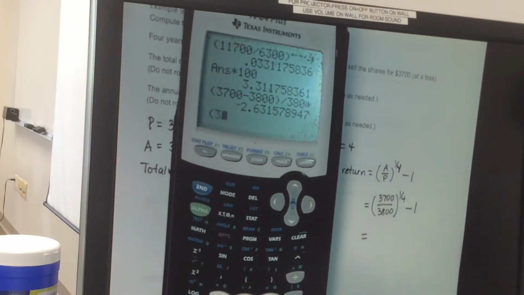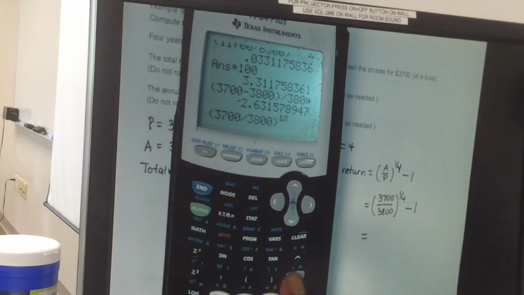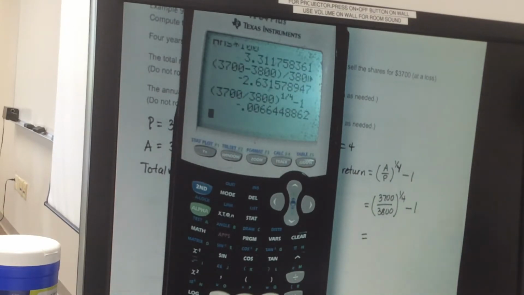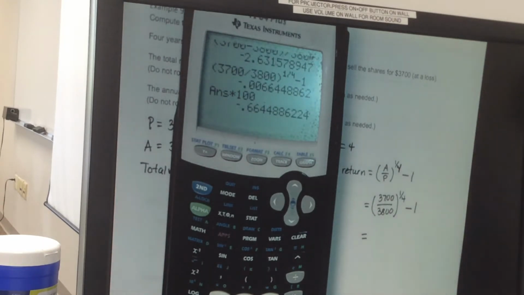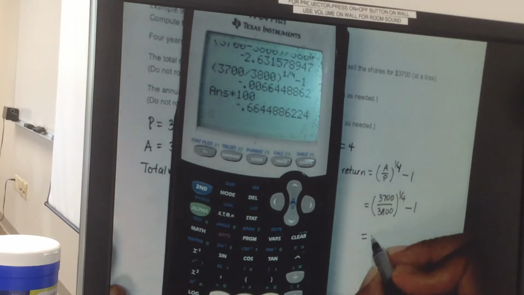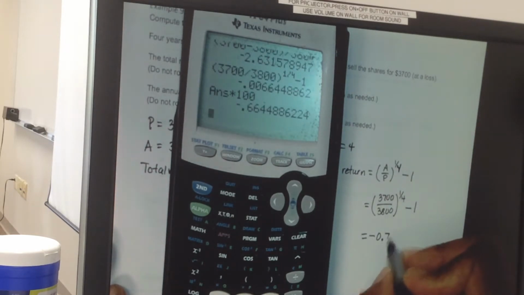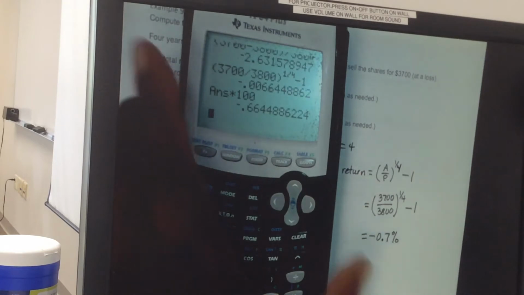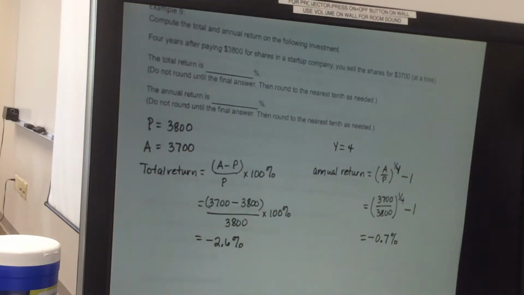Okay, so you got 3,700 divided by 3,800, close parentheses, then that's raised to the 1 divided by 4, right arrow to get out of it, minus 1. Now that's the decimal. We want the percent, so let's multiply it by 100. And we're going to round that off to one decimal place, so that will be negative 0.7%. So in this case, this will be a 0.7% loss on the annual return.